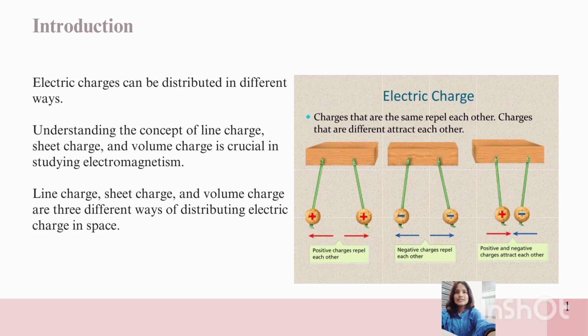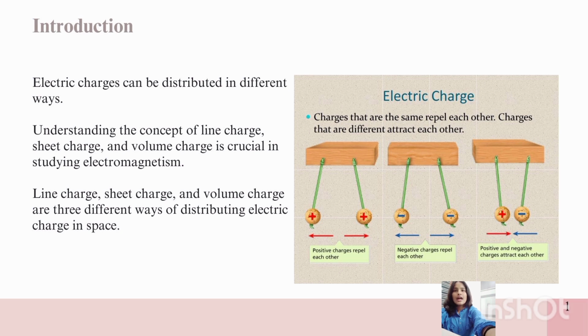So let's consider an electric charge where the charges that are the same repel each other. If the charges are different, they attract each other. For example, when two positive charges are kept together, they repel each other, being the same charge.